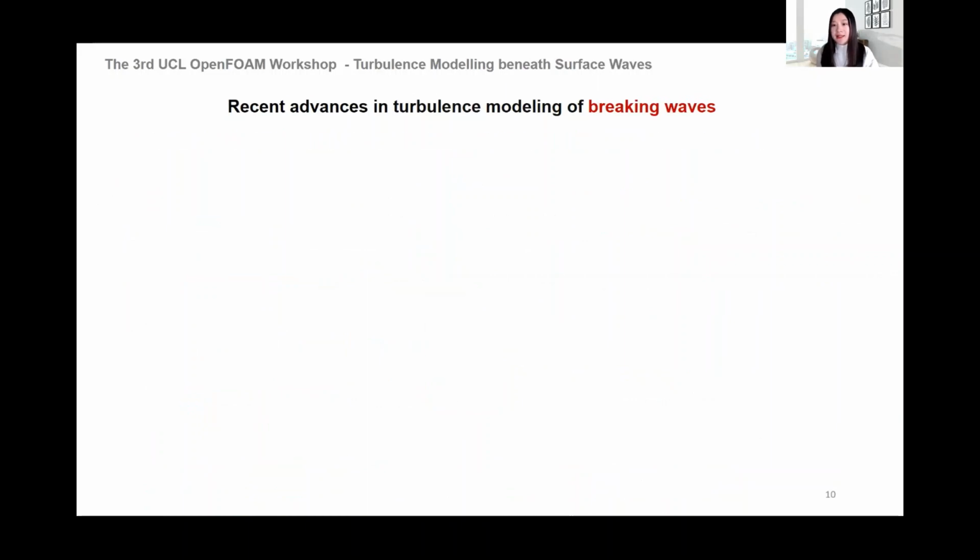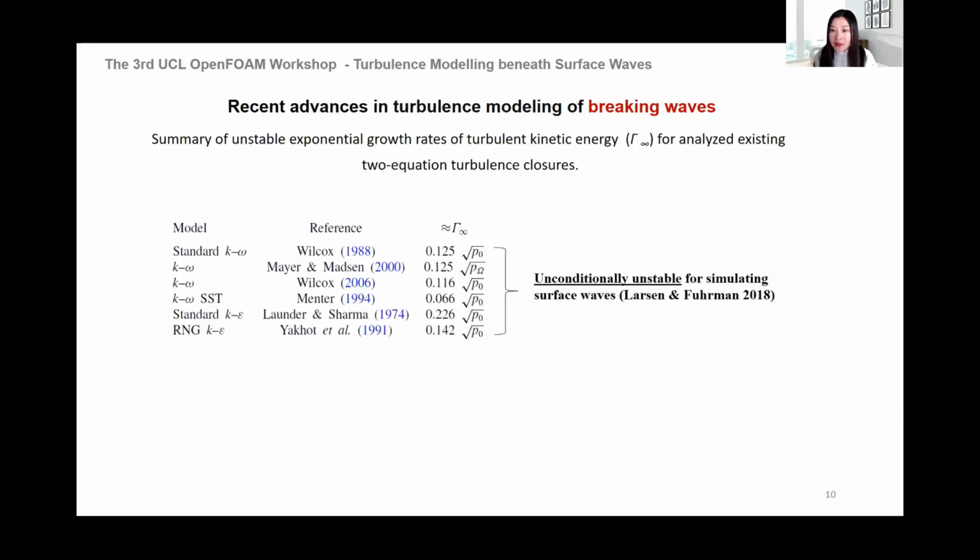And here is a summary of unstable exponential growth rates of turbulent kinetic energy in the potential flow region beneath small amplitude waves, based on the formal analysis of two equation turbulence models. Larsen and Furman found that almost all of the two equation models are unconditionally unstable for simulating waves.